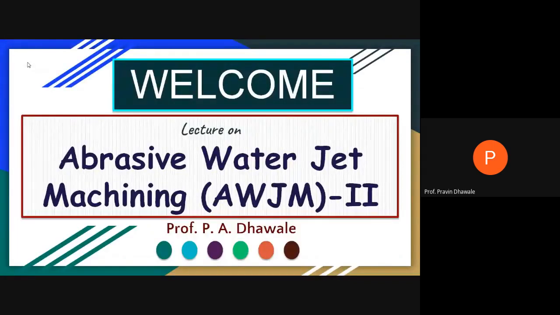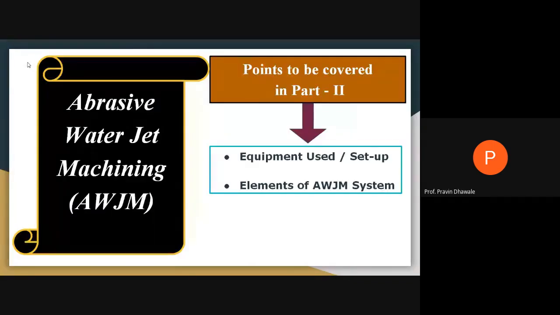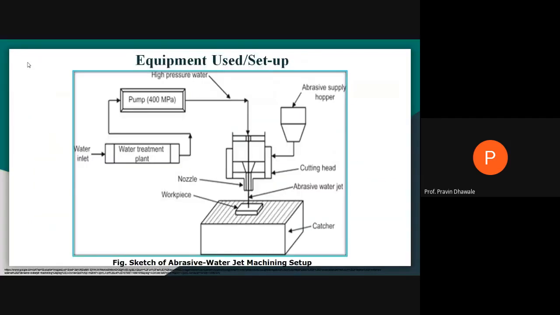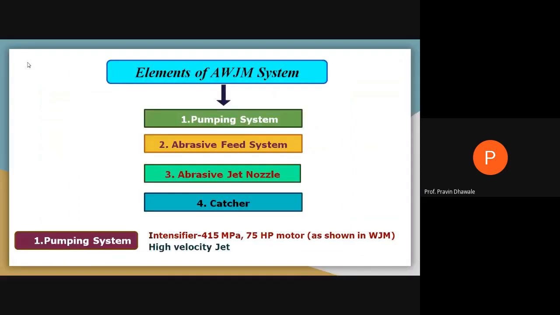Then we dealt with the second part: what the experimental setup used for abrasive water jet machining is, and what the different elements used are. These are the elements.